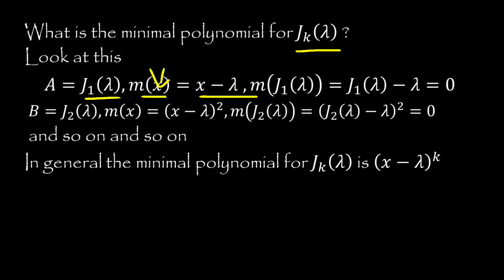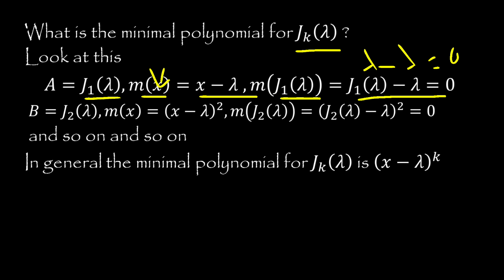If you substitute the first block for x, it is automatically 0, because the Jordan block of size 1 is alpha, so you have alpha minus alpha, which is equal to 0.